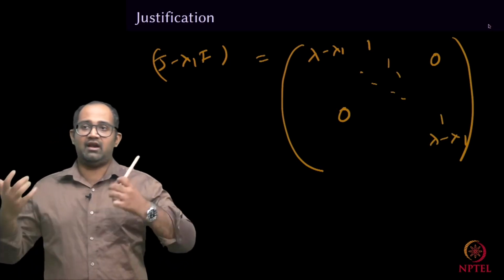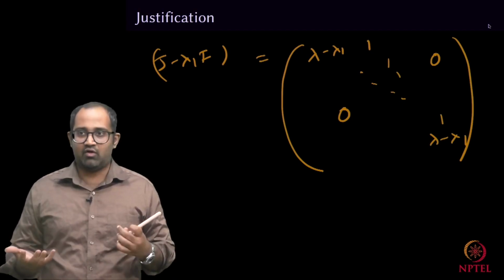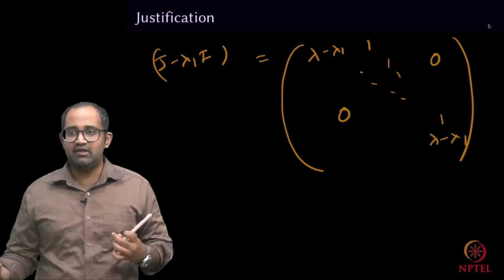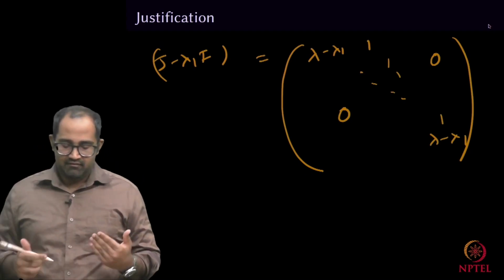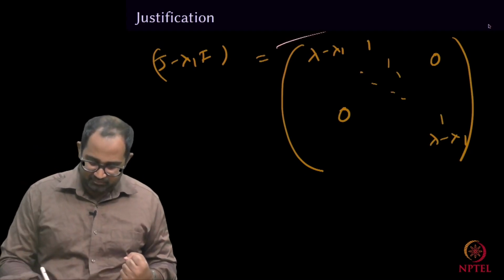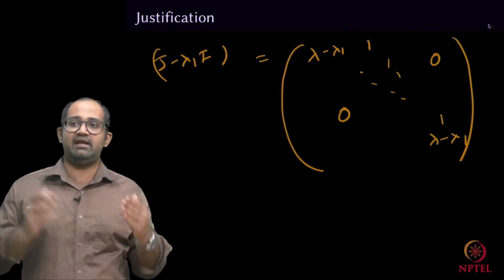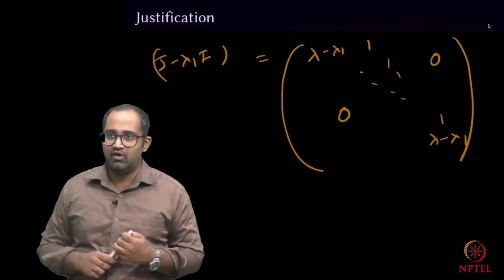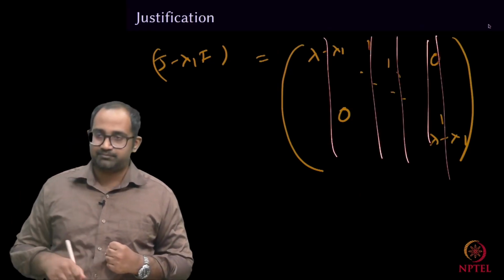Well, when you apply this to some column vector V, you should get 0 and V should be non-zero. When is that going to happen? Well, when you multiply this matrix by another column matrix V, what you're really doing is taking a linear combination of the columns. So some linear combination of the columns should be 0.